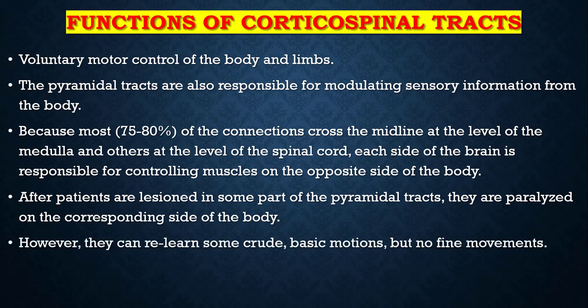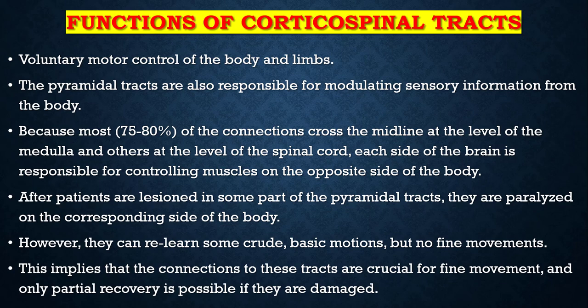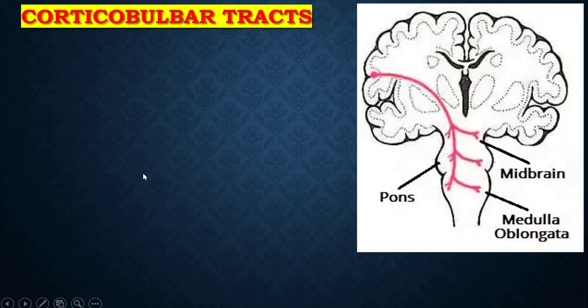However, they can relearn some crude basic motions but no fine movements. This implies that the connections of these tracts are crucial for fine movement, and only partial recovery is possible if they are damaged.